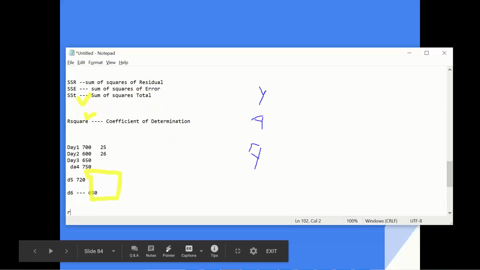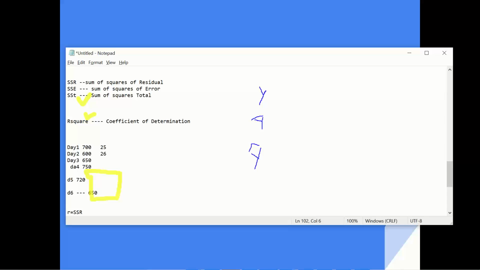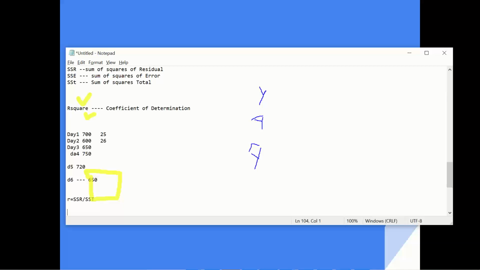Then R square equals SSR by SST. Now just expand this formula. I know SST is equal to SSR plus SSE, right? So instead of SST, write this in your formula.